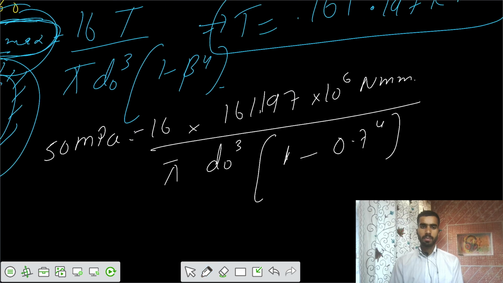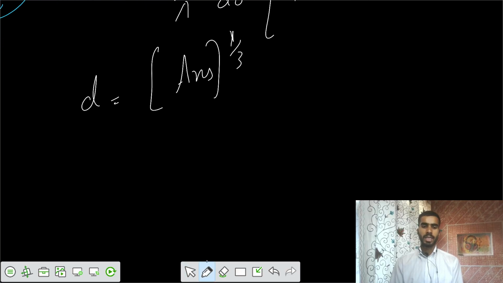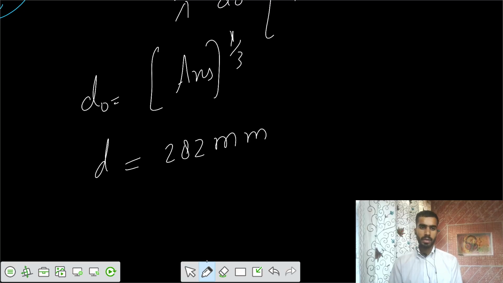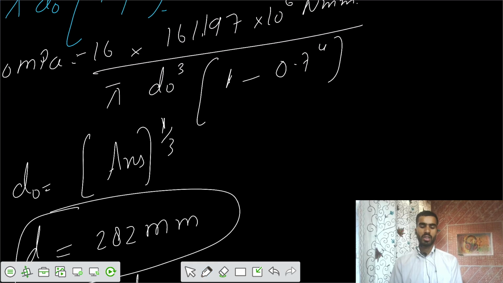So I can get the value of the diameter. You solve it, you get some value, then you take the power 1 by 3 of that. So you get D equals 282 millimeter. This is your outer diameter, and the inner diameter is 0.7 times D outer.